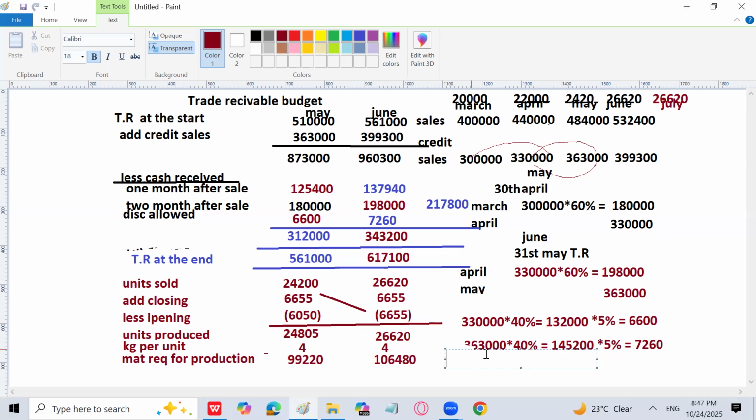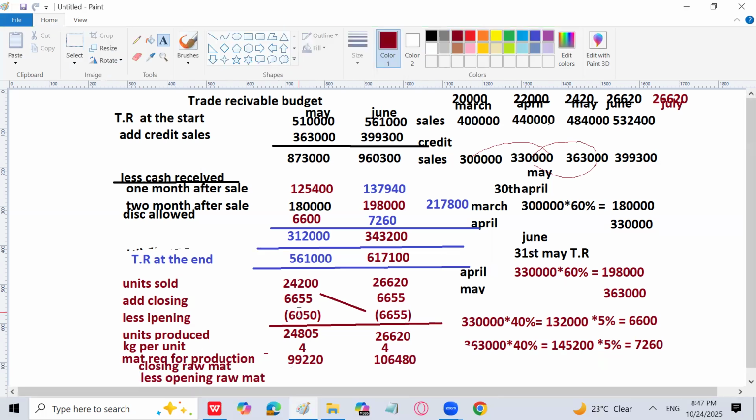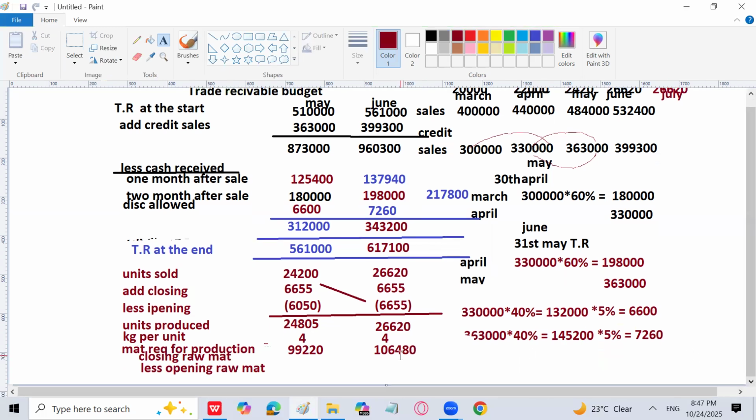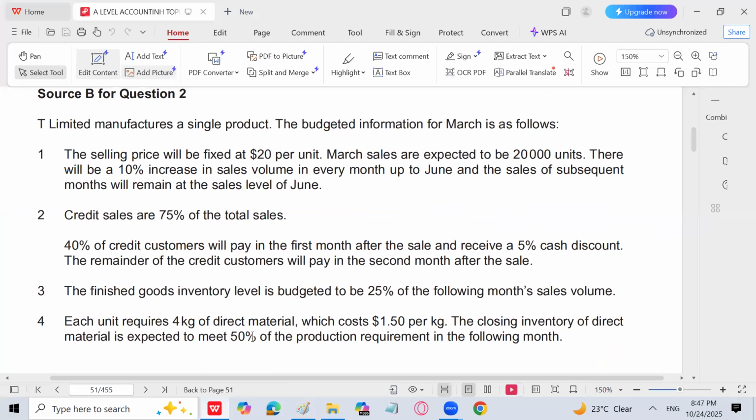What you will do, I will add closing raw material here, and less opening raw material. Right? You will get the raw material purchases in kg. Then you will multiply it with 1.5, which is the price per kg. Here it is written 1.5.